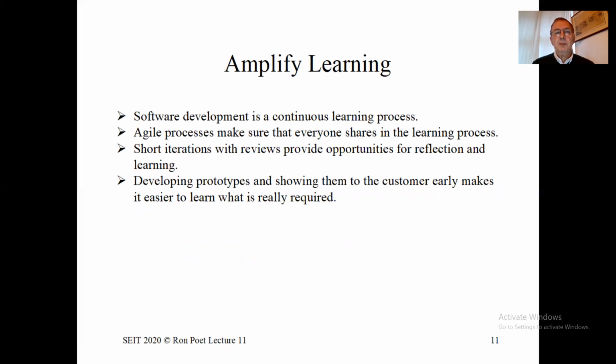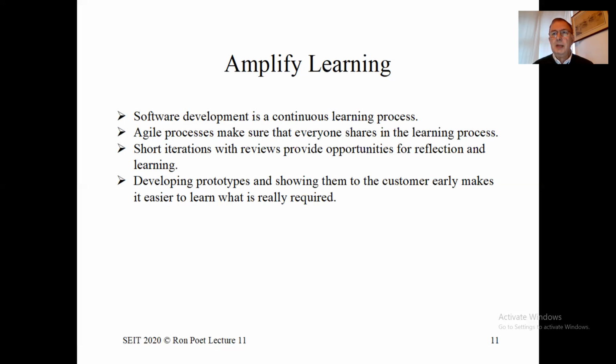Amplify learning. This just says, as I said before, that you're never at the stage where you know everything, and you're continually improving. So everyone shares in the learning process. It's not just something that the team manager learns. And the way to do this in an agile approach is to have short iterations.